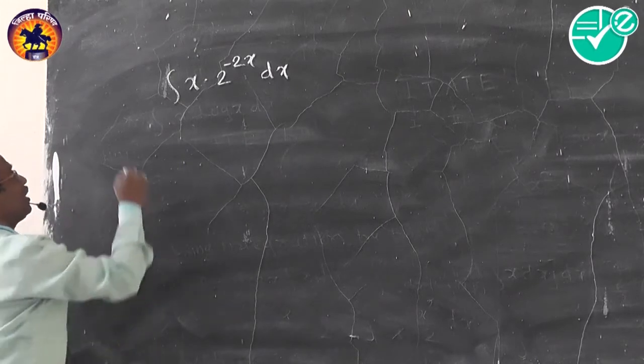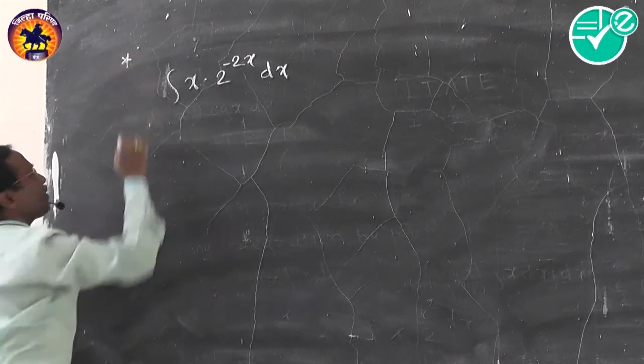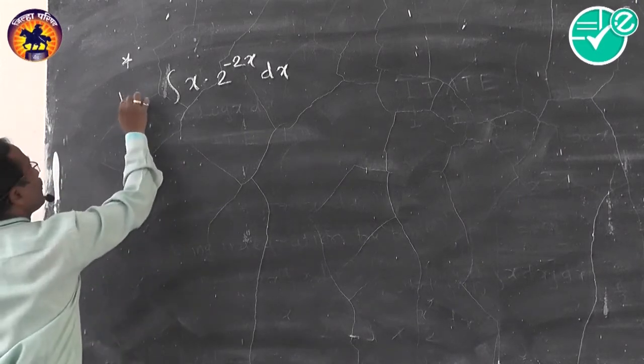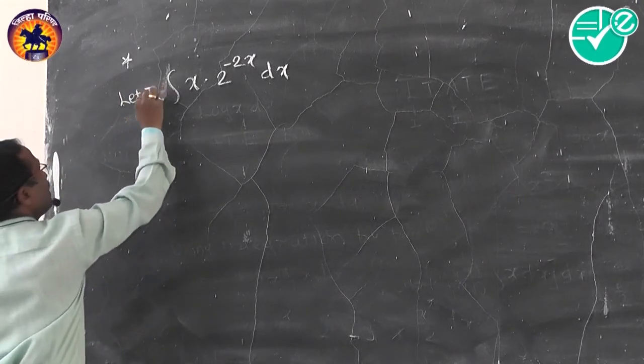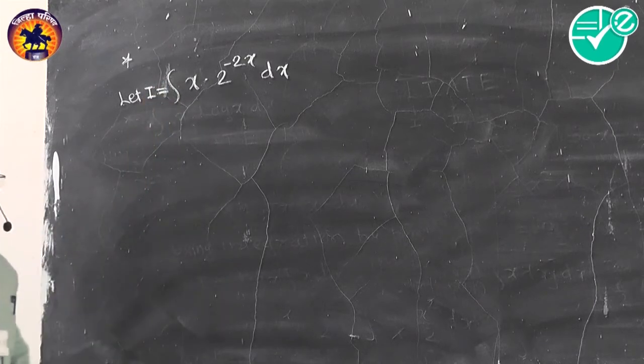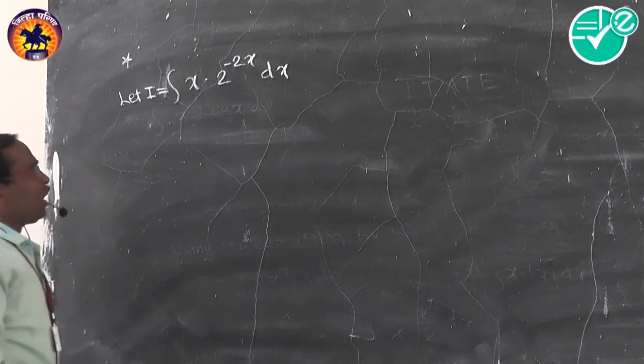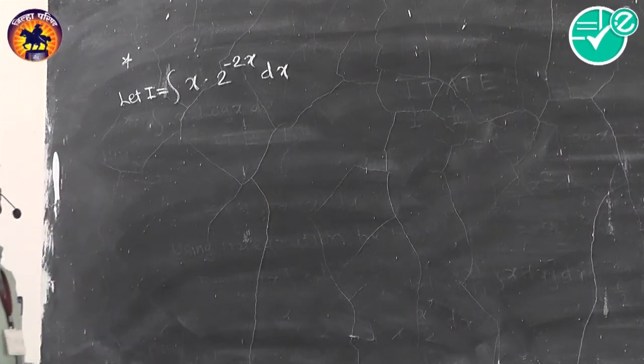We want to find the integration of this function, that is the second example. Let I be equal to the given function, integral of x into 2 raised to minus 2x dx. Now we want to find the integration of this function.